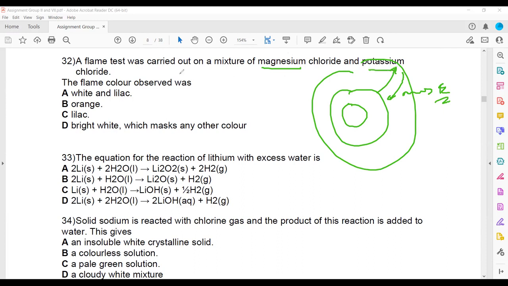But potassium gives lilac. So one is no color, and the other is lilac. So the observation will be lilac. So C will be the right answer.